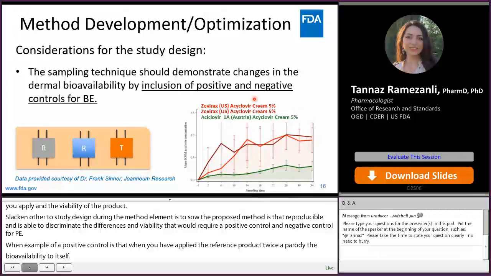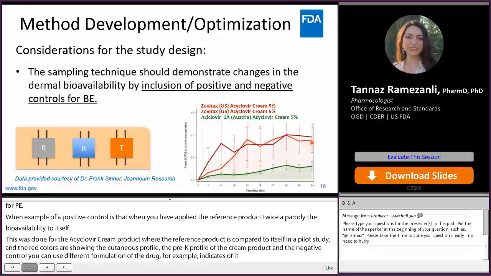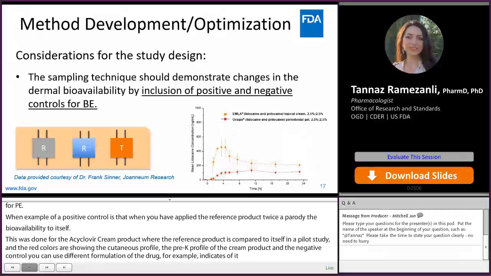And for the negative control, you can use a different formulation of that drug. For example, in case of acyclovir cream, we used an Austrian generic product that had different bioavailability. So the method was able to differentiate the PK profile of that Austrian generic product from the US reference product.